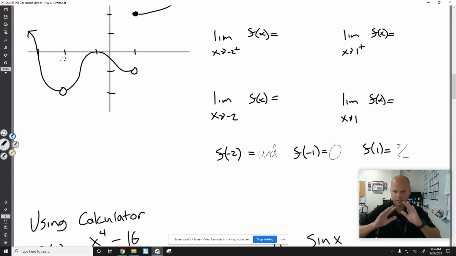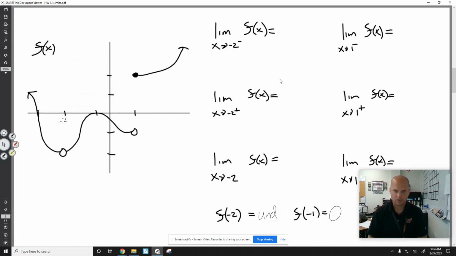But this is not significant compared to when we start talking about limits. When I start talking about limits, I'm just going to ignore what I put down for my function values. I'm just going to look at to the left and to the right. So let's start with -2. If I'm to the left of -2, where are my function values? Down here.